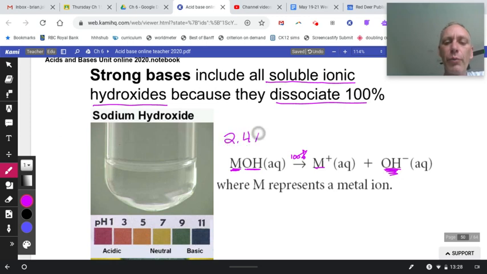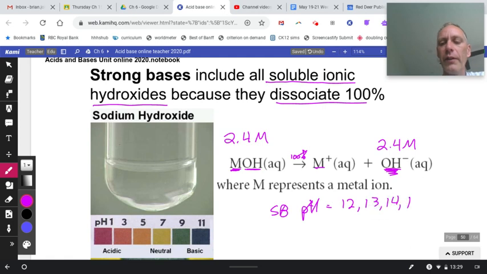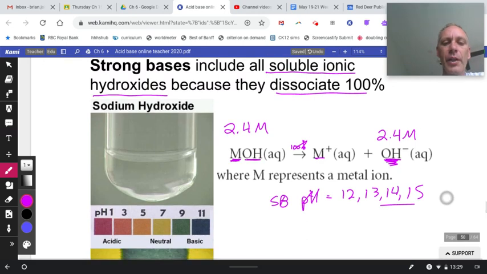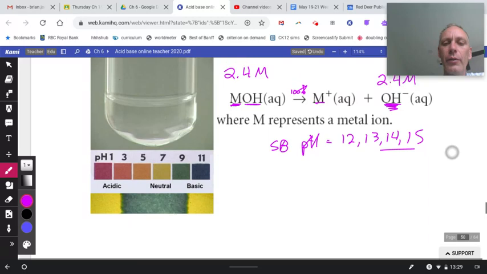If we start with 2.4 mole per liter, we're going to get 2.4 mole per liter of hydroxide. So strong bases will have pHs usually of 12, 13, 14, 15, somewhere up on that high end because of the 100% dissociation. So the example there is NaOH.